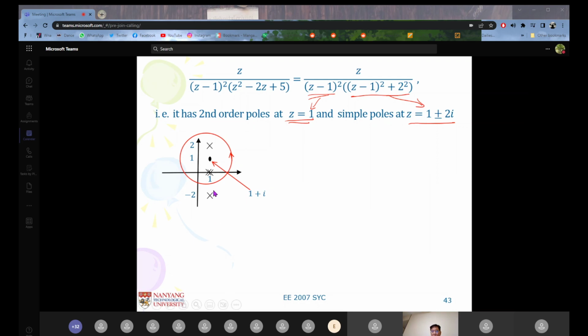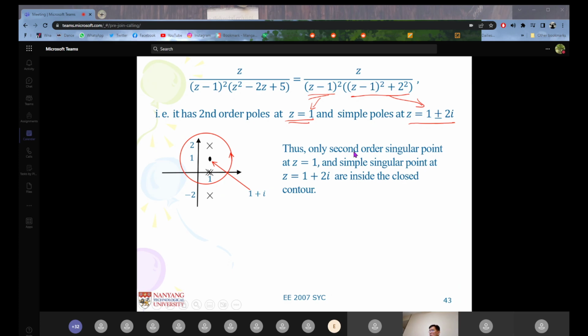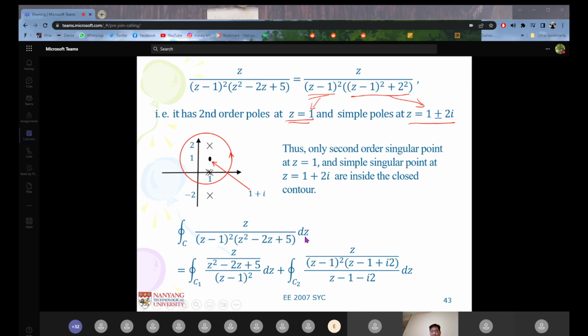So what you do is change the integration differently now, right? This integration is changed into how many integrations? 2 integrations. And the contour, is it the same? No more the same. I now change the contour into a multiply connected region.